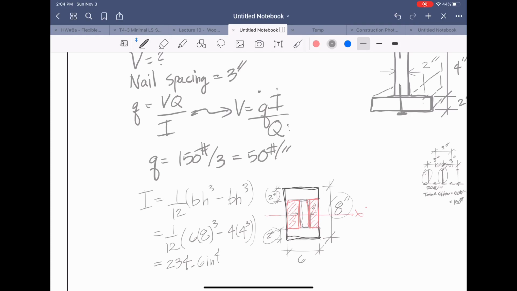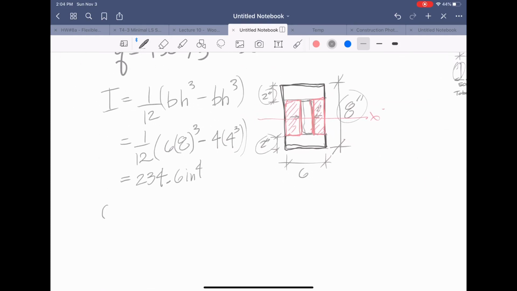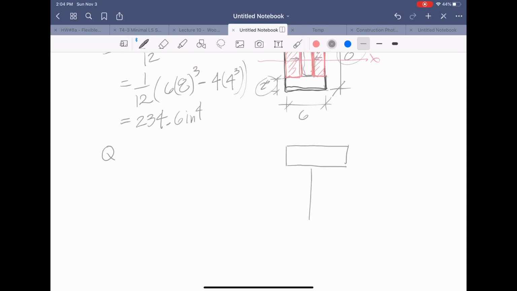What you have to do is just find Q. Again, drawing your beam. What we do is it's just area times y bar, right?